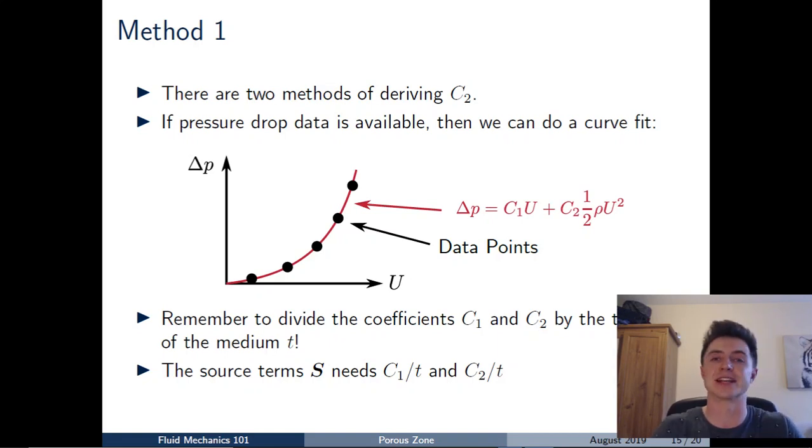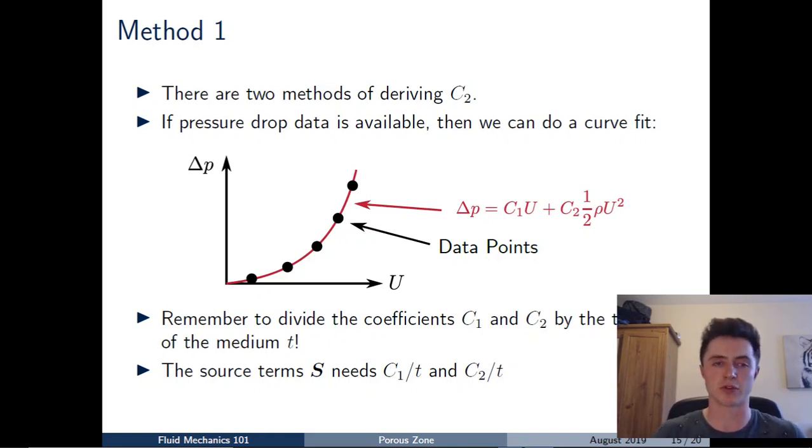You'll often get a series of data points from the manufacturer's data, which you can see in the sketch I've provided. We can then do a polynomial fitting exercise on the data points, and once we have our polynomial, we can extract the coefficients C1 and C2 from that. So for some components you may have empirical data and you can do this.